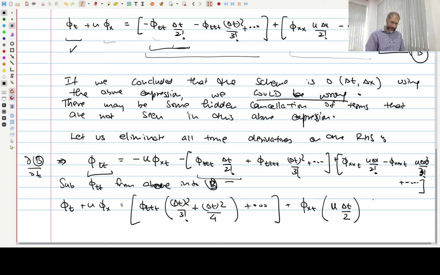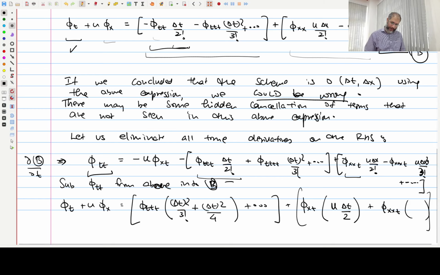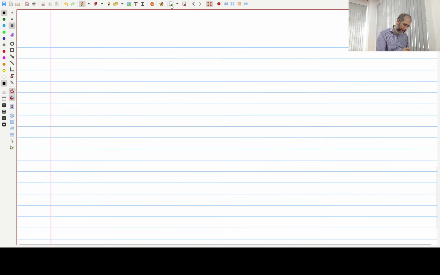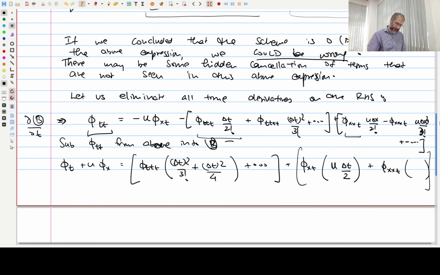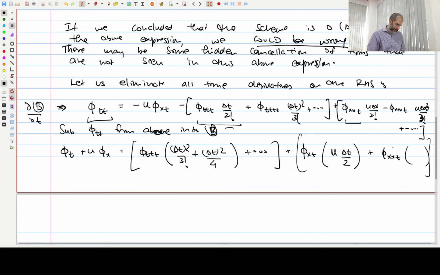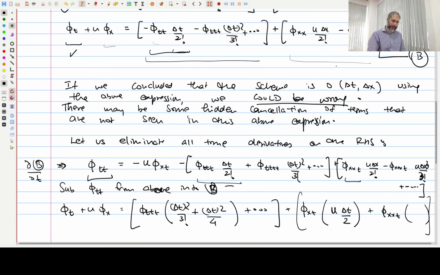Right? And then we'll have phi xxt. I'm not writing the coefficient, and so on, because you generated a phi xxt like this, and phi xxt, and so on. So these are the mixed derivative terms. And since this is because of substitution, but we already have the original pure derivatives of x also.